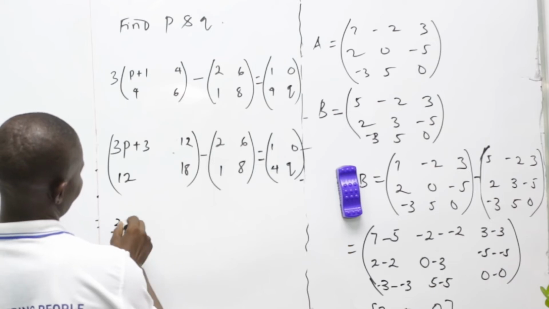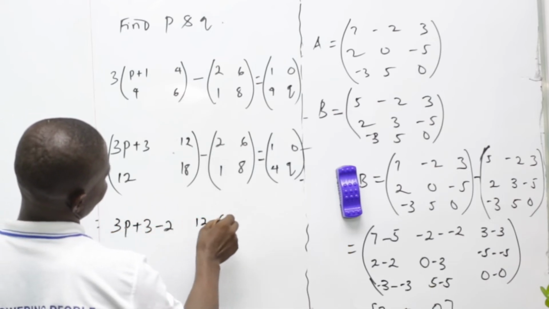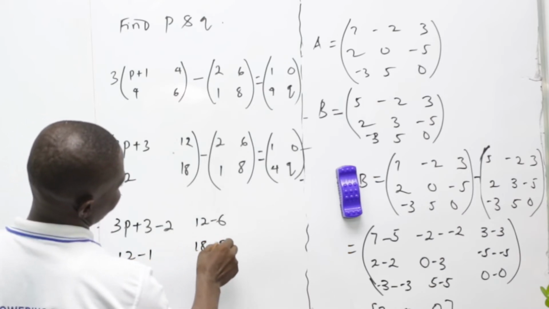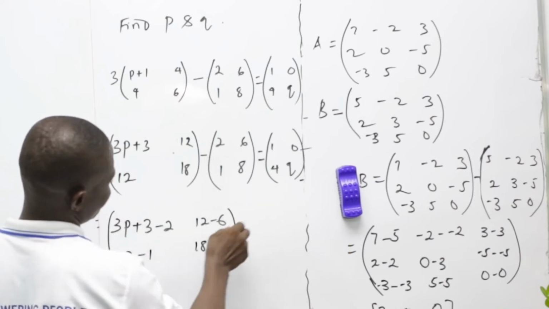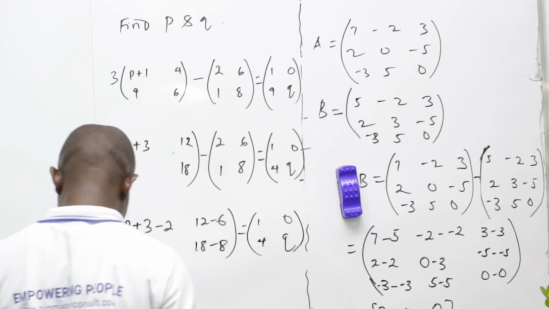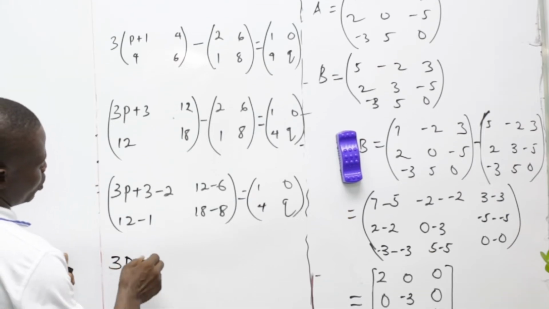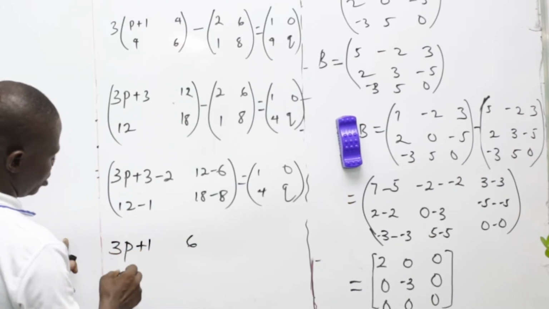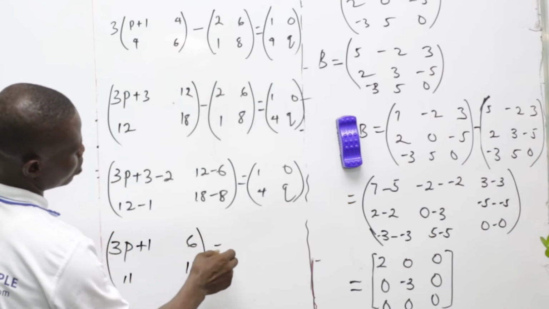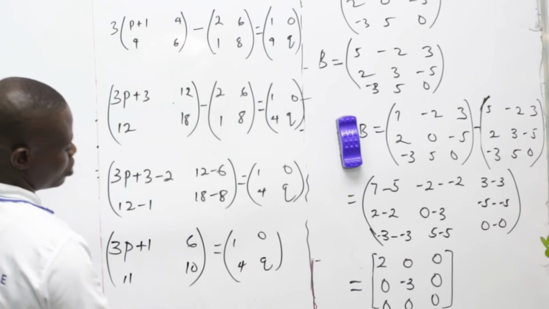So 3P plus 3 minus 2, 12 minus 6, 12 minus 1, 18 minus 8, all equal to 1, 0, 4, and Q. So that 3P plus 1, 6, 11, 10 will be equal to 1, 0, 4, and Q.